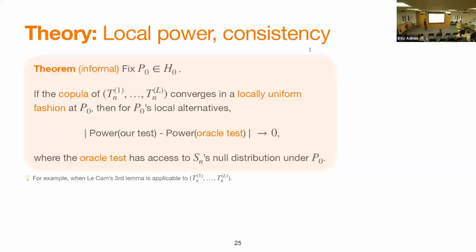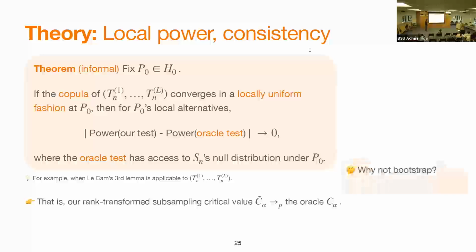The oracle test simply has access to the aggregated statistic's null distribution and uses the alpha quantile as a critical value. In other words, this is the consistency of power result that says our test behaves, to zeroth order, no differently from an oracle test.